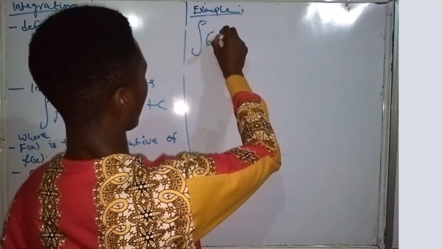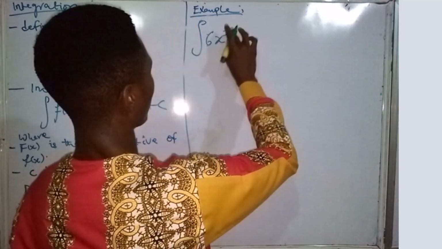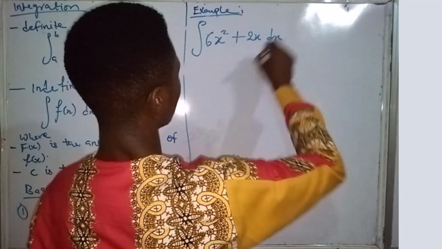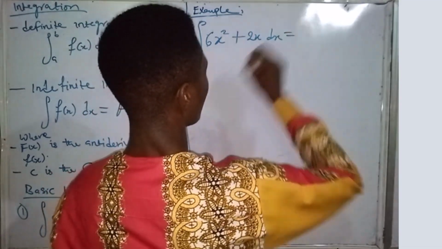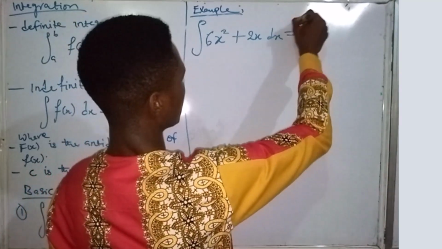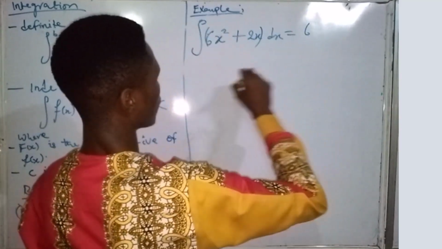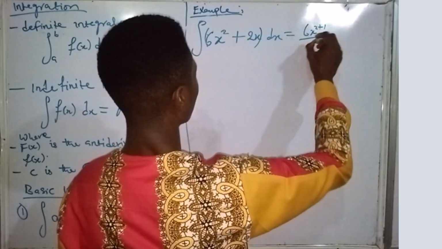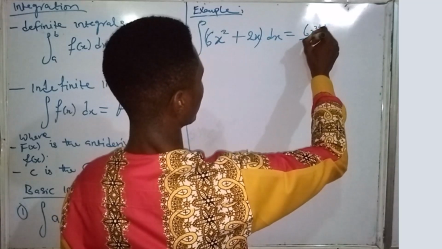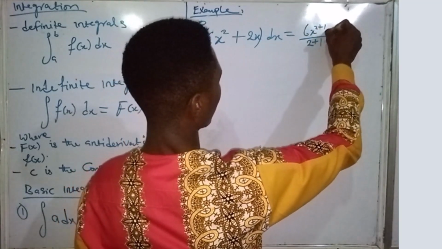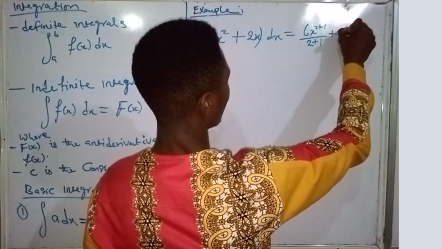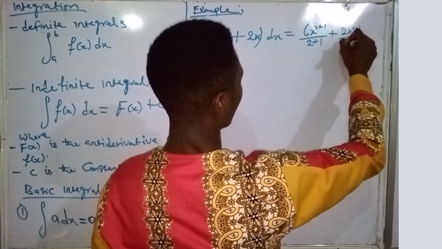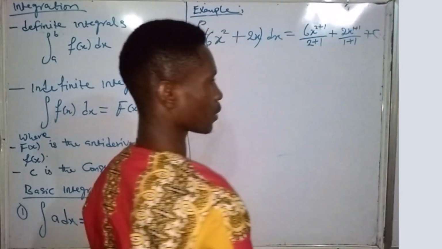Then, if we have, let's say, 6x squared plus 2x dx, this should give us 6x squared plus 1 all over 2 plus 1, plus 2x, there's a power 1 here, so it's going to be 1 plus 1 all over 1 plus 1 plus c.